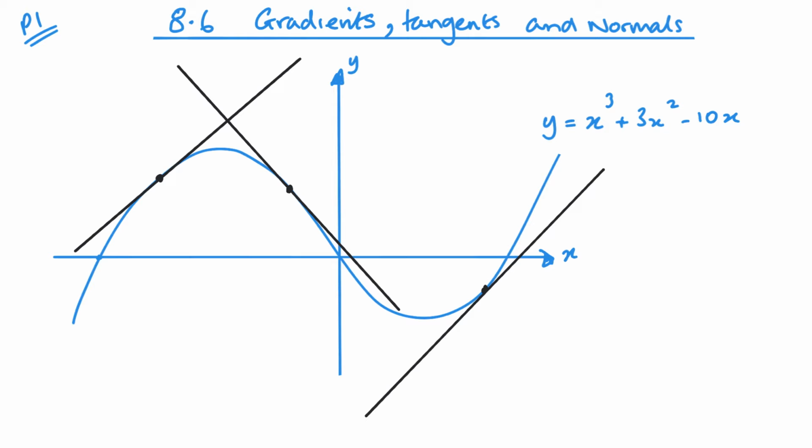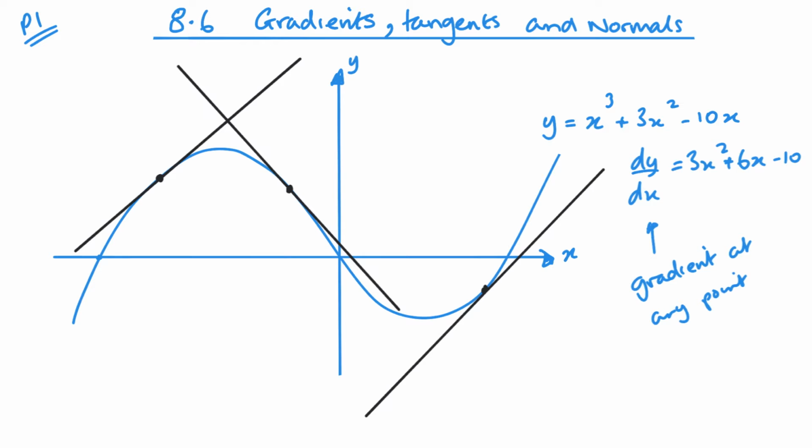Now, the gradient will always give me the gradient of the tangent to the curve. So if I differentiate this curve, in this case we would have 3x squared plus 6x minus 10, then this is going to give me the gradient at any point. It's the gradient of the curve at any point, and therefore it's the gradient of the tangent to the curve at any point.